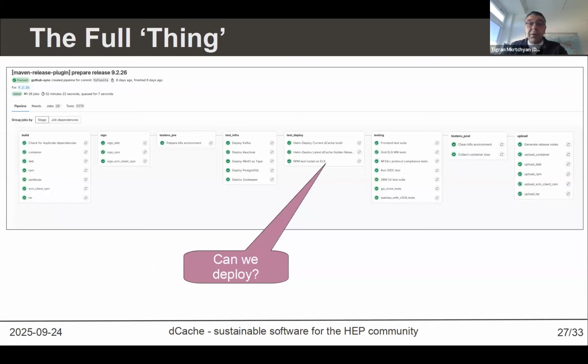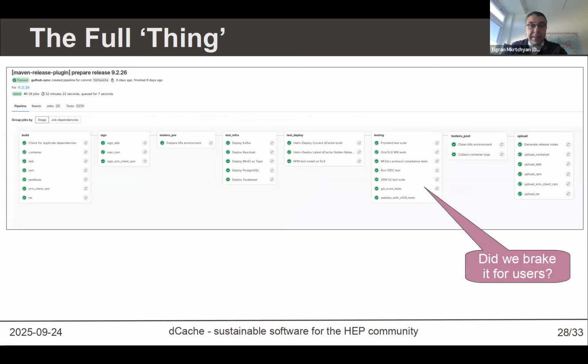The deploy stage checks whether the packages that we built in the build stage are deployable and we can start dCache there. In other words, did we break dCache for our admins? And the testing stage finally checks the functionality: did we break dCache for our users? This kind of scheme allows us to find early enough if there are problems with the software.